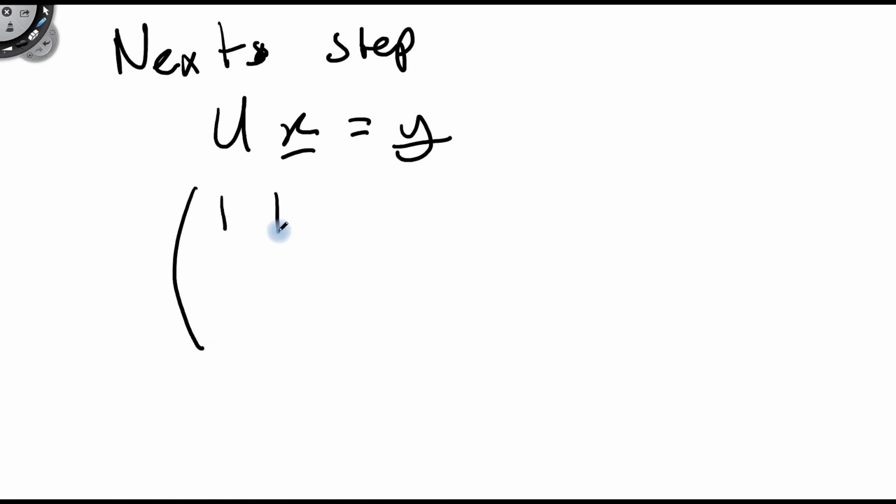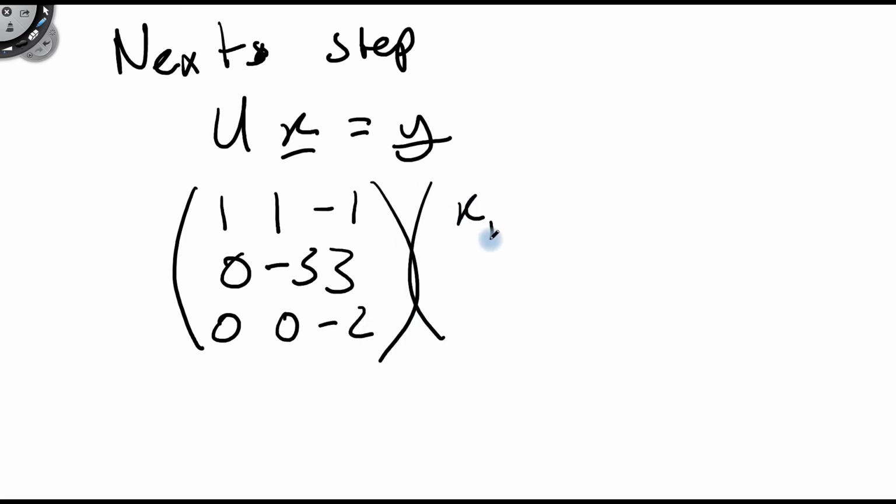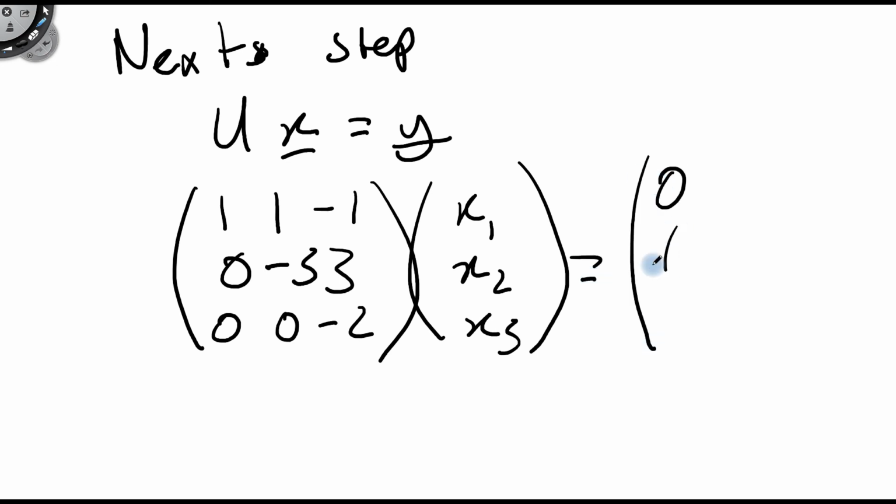is Ux equals y. So you take the y value from the previous step, and you write that down as the matrix (1, 1, minus 1; 0, minus 3, 3; 0, 0, minus 2) times (x1, x2, x3), which is our x vector, equals y, which is (0, 6, minus 6). Okay, so you do the same process now.